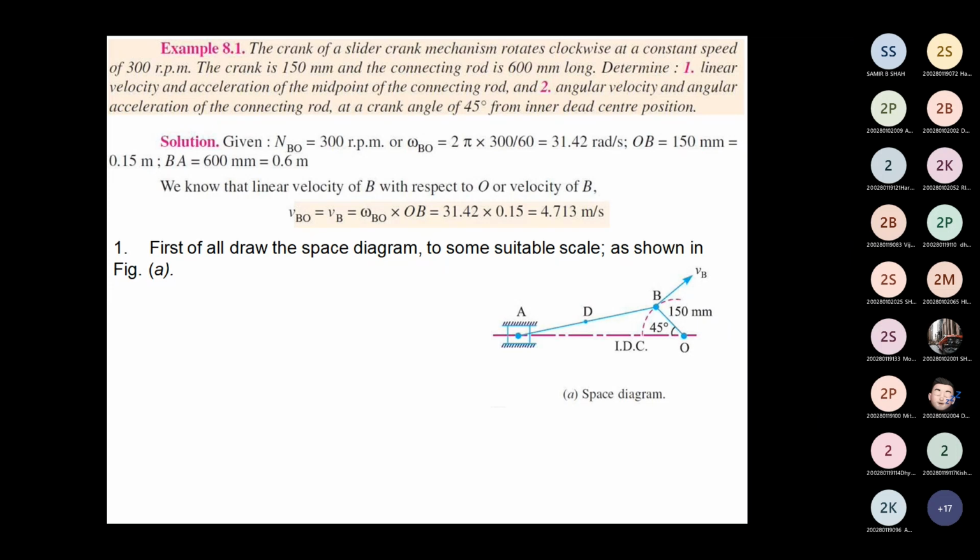Means for the OB link, whatever radial part we get will definitely be the parallel part, and the magnitude we get with the help of one equation, that is omega square into OB, or V square by OB. We do not find the tangential part. Okay, that part itself is considered as the acceleration.